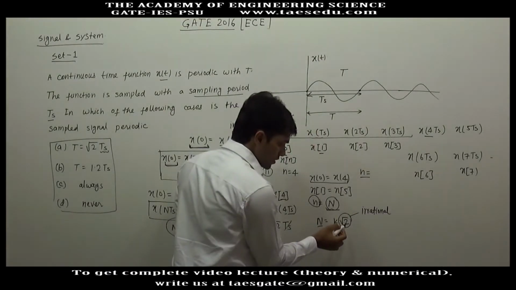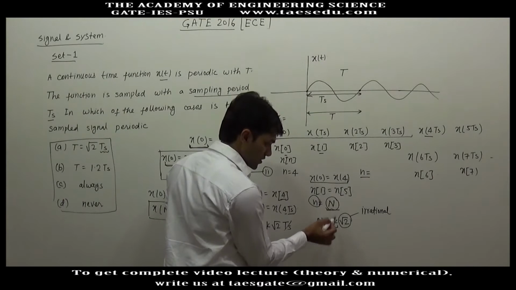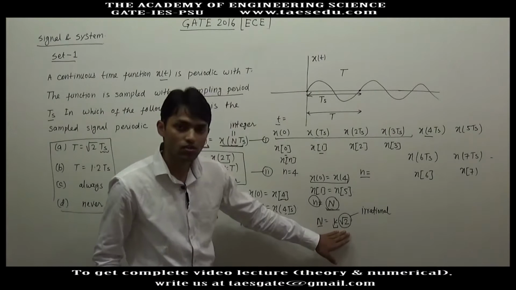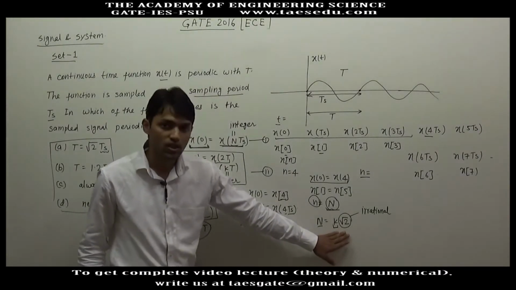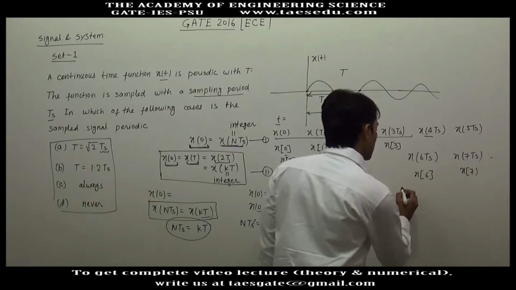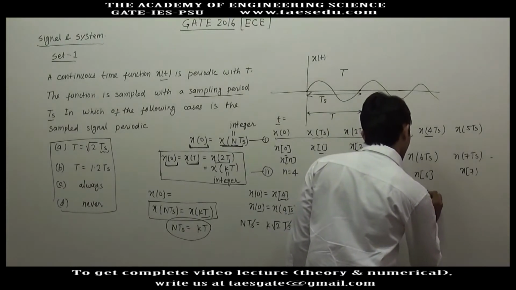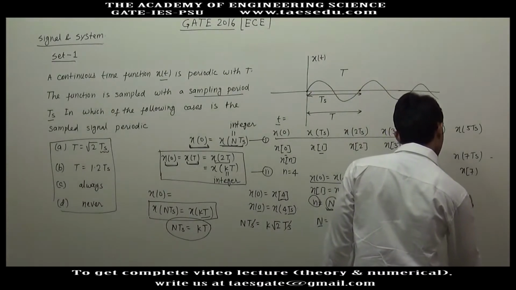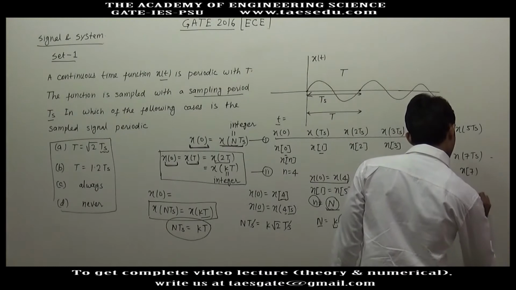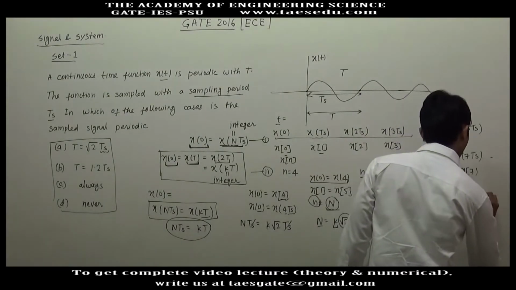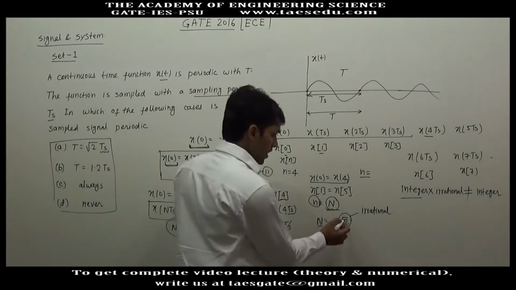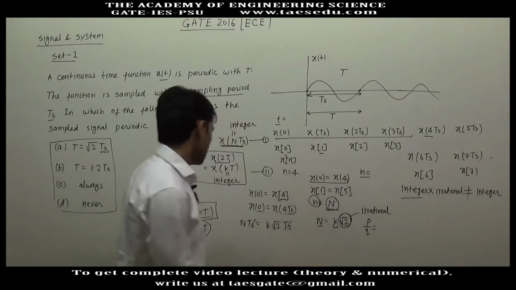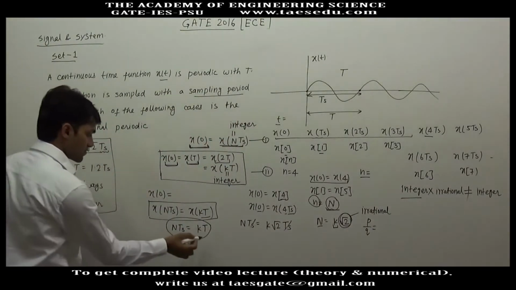It doesn't matter what this integer k is; if you multiply an integer with an irrational number, you are never going to get an integer, because an irrational number cannot be written in the form of p by q. So the first option does not satisfy this equation.